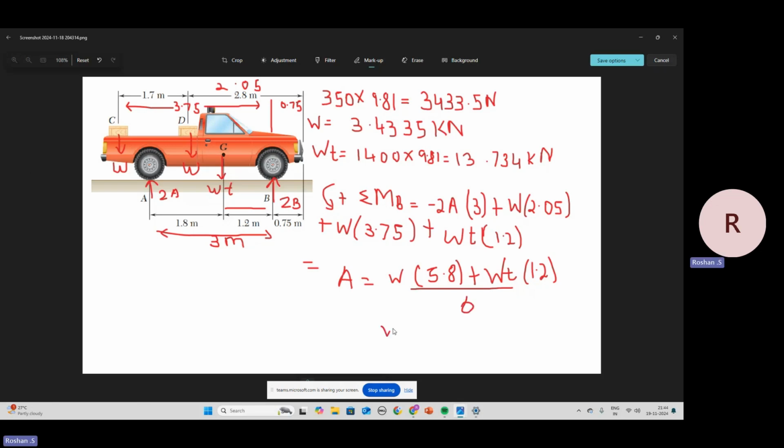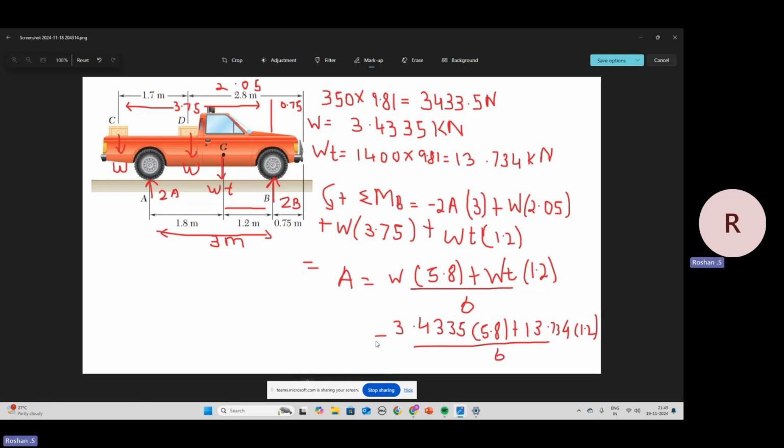If you are going to calculate this, we are going to get, substituting the value of weight, 3.4335 into 5.8 plus weight of the truck 13.734 into 1.256.